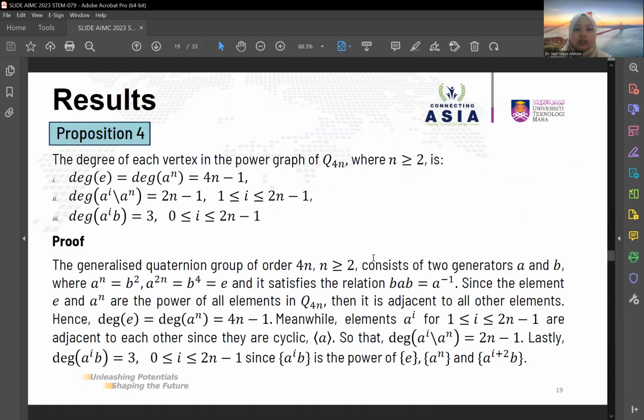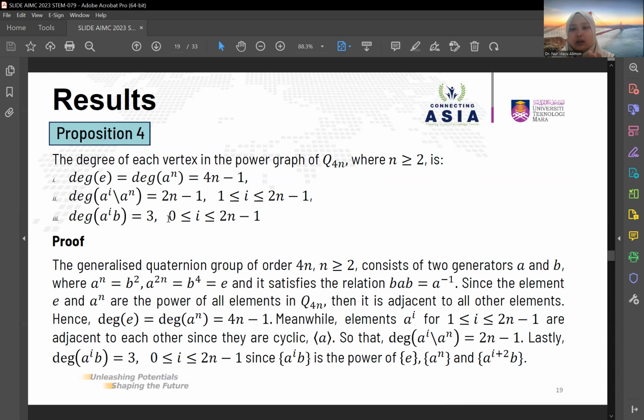So let's go to results and discussion. So from the power graph of generalized quaternion groups of order 4n, we can determine the degree of each vertex, E, A^i, A^n, and also A^iB. So we actually use the properties in the graph and also the generators in the group presentation so that we can come up with this degree of E, degree of A^i, A^n, degree of A^iB.